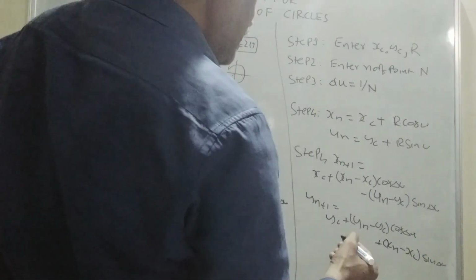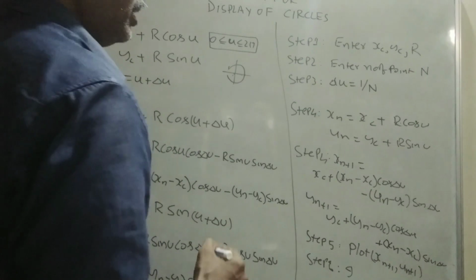After writing these two steps, step 5, plot xn plus 1, yn plus 1. Step 6, here we have to initiate n equal to 1.